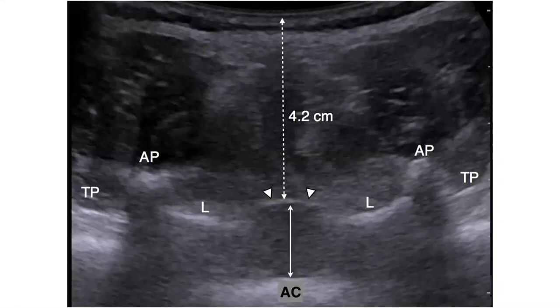So one needs to bear this in mind. So for instance, since the distance here is 4.2, practically when you're doing the spinal, this means that your distance is most likely going to be closer to 5 centimeters, because now you're not going to have that effect of the probe depressing the skin.